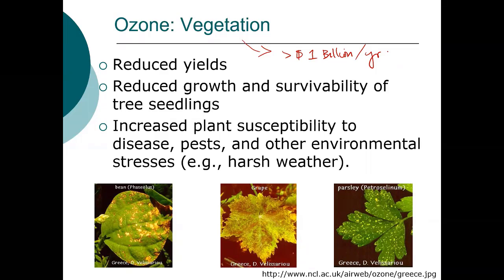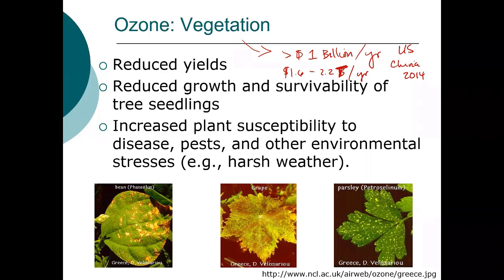In China, and the data from China is from 2014, it's estimated there to be somewhere between 1.6 to 2.2 billion, equivalent of US dollars. Sorry, trillion dollars per year. So that's 3 orders of magnitude greater than in the US. Roughly about $1 billion loss in the US per year. We're talking about $2 trillion per year in China.